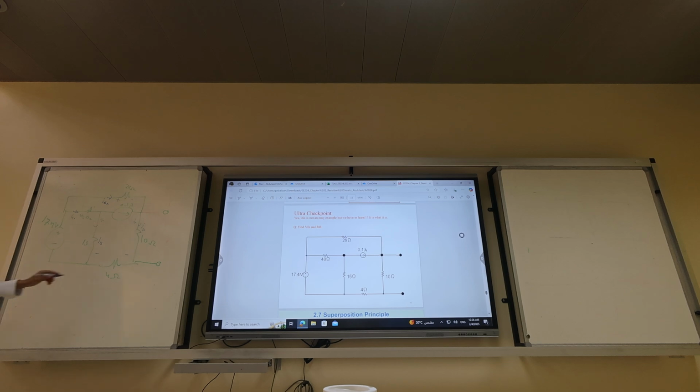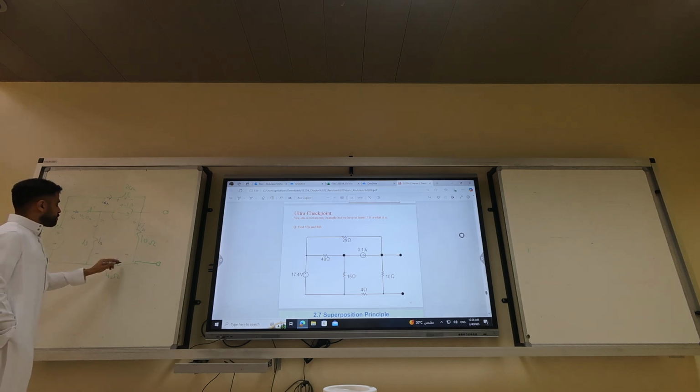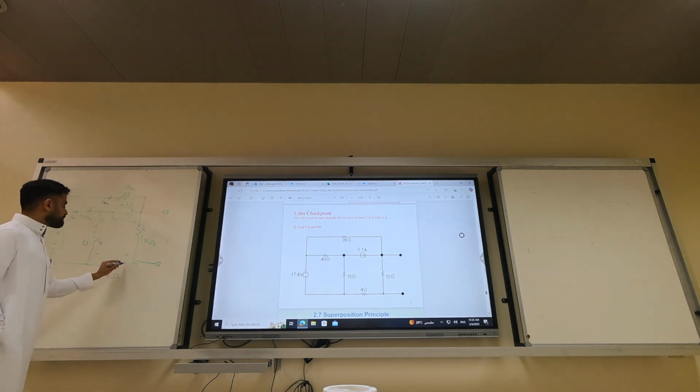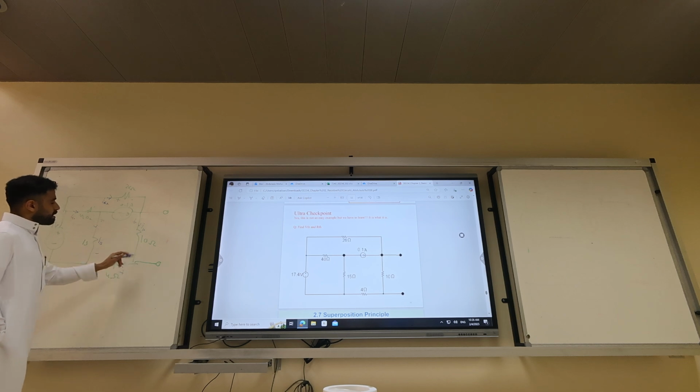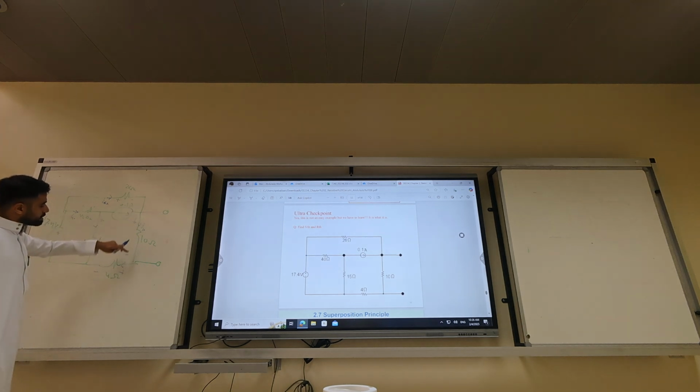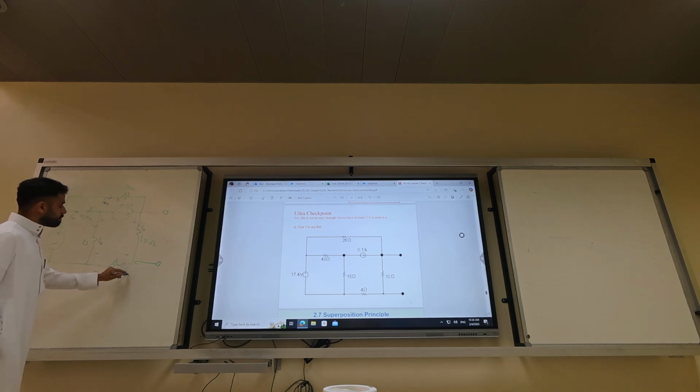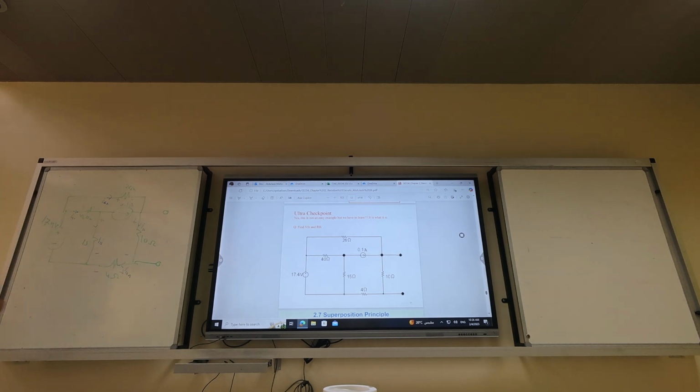Then maybe this I10 would go this way. So here, if it's at the bottom, I told you to make it plus minus, so that you can trace the current. If this is open, the whole I10 would go here. So this is I10, the same. Is everything now marked and ready?